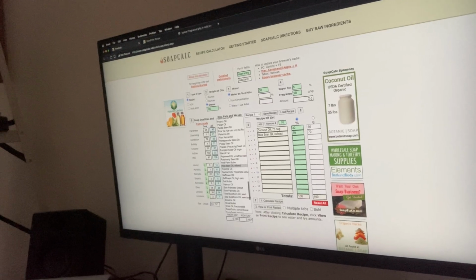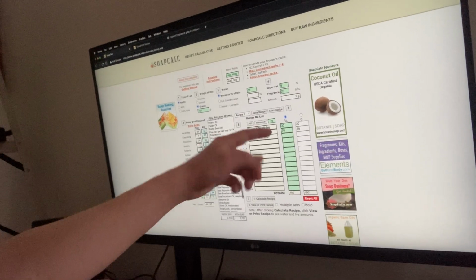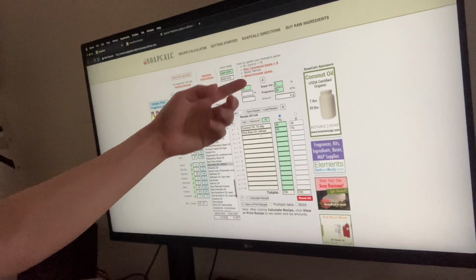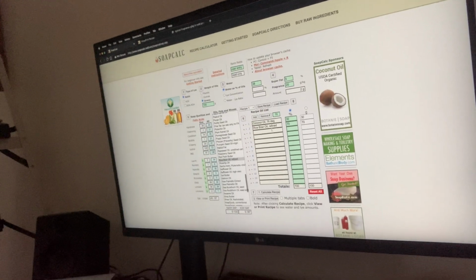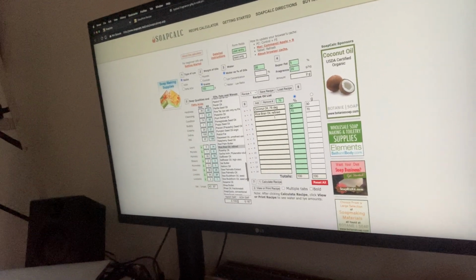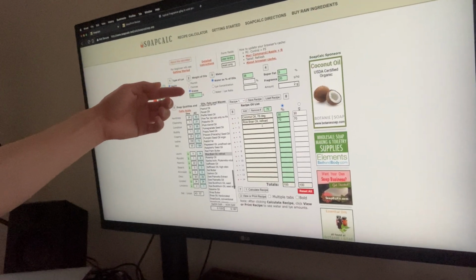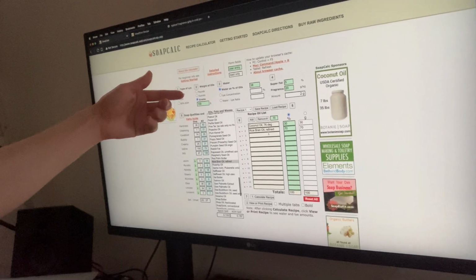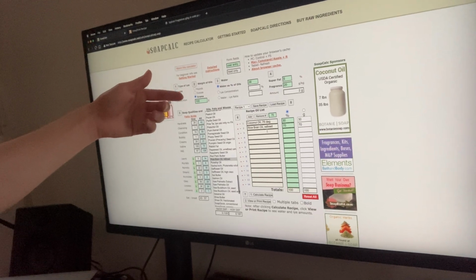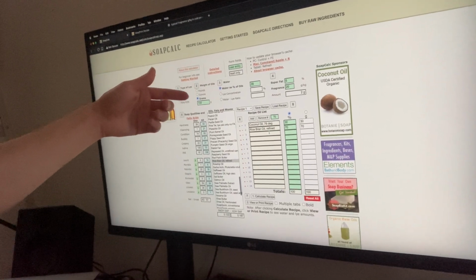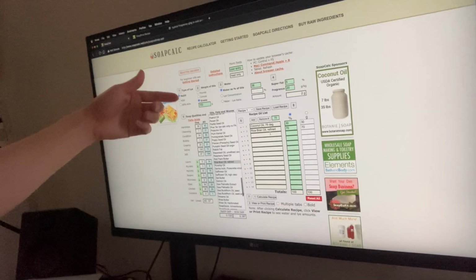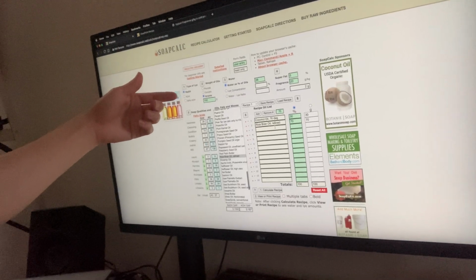You just put in the numbers for the kind of oil you want to use and the ratio, and all these different numbers affect the outcome of the soap, obviously. But the biggest problem with this website is that the recipe gives the oil quantity by weight, not by volume.